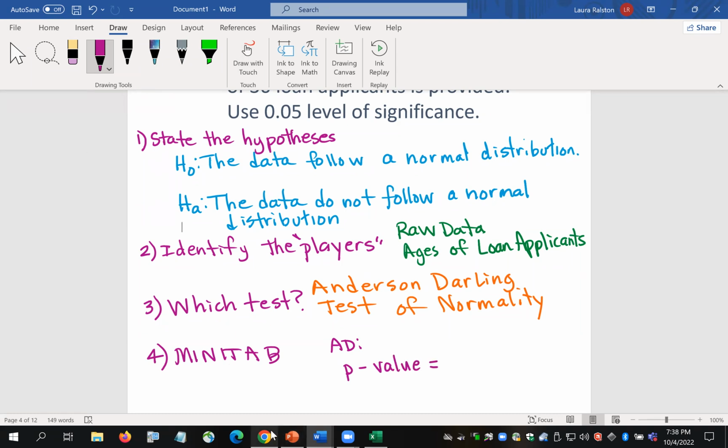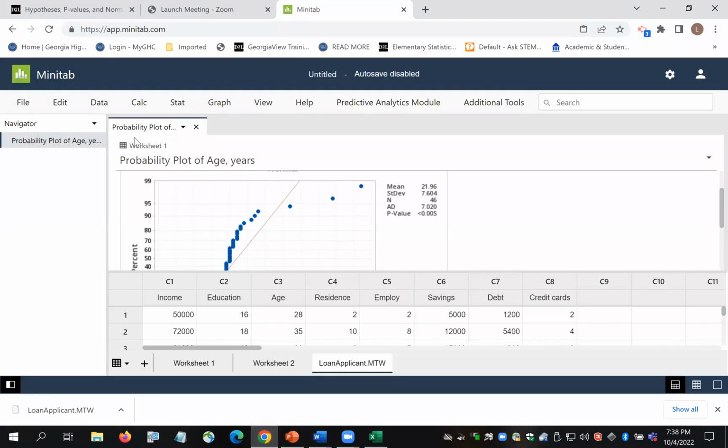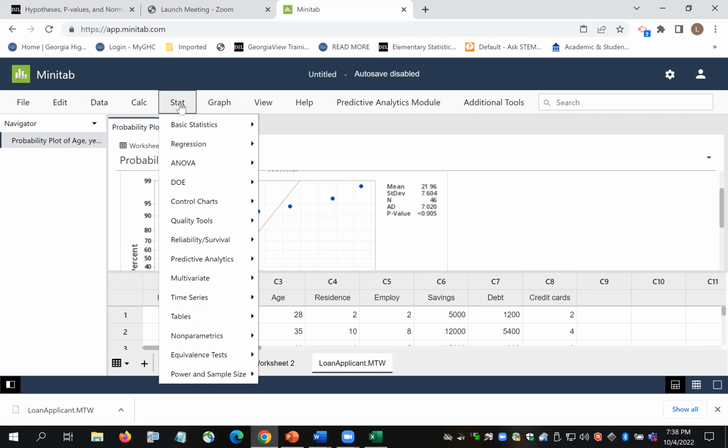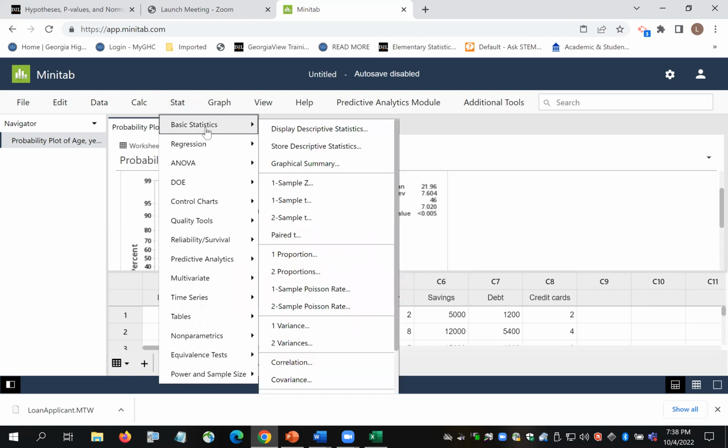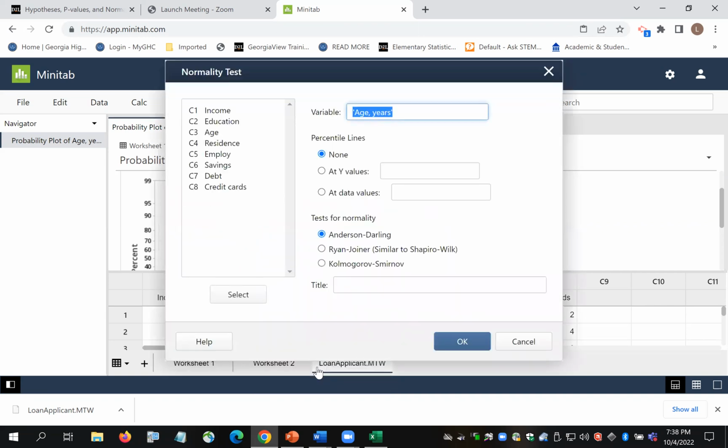So I'm going back out to Minitab. I have my data set on loan applicants. So we go Stat, Basic Statistics, scroll to the bottom to Normality Test. My variable this time is age. No percentile lines. We're doing Anderson-Darling, and I click OK.